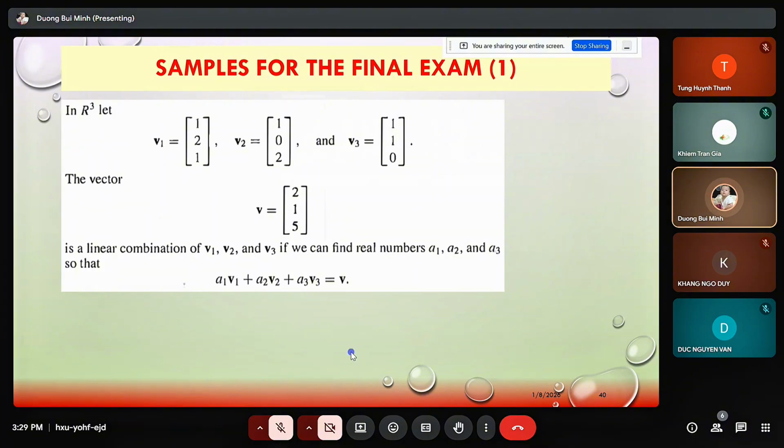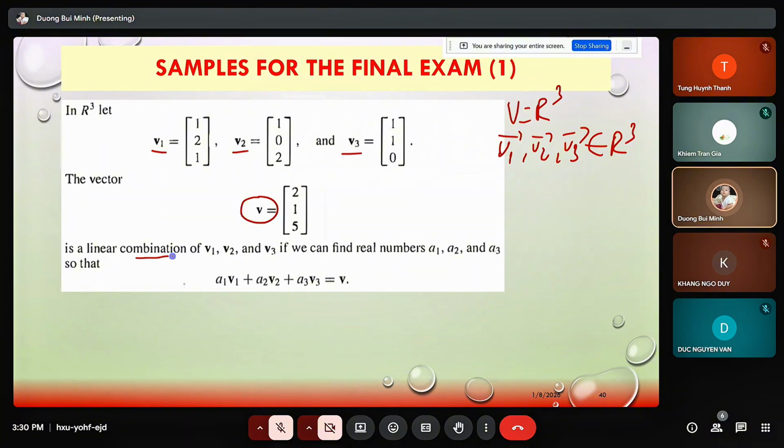Okay. Then, an example for the final exam. I give you the vector space R3. I also give you vector v1, vector v2, vector v3. Of course, vector v1, vector v2, and vector v3 belong to R3. So we have vector v, the linear combination of v1, v2, and v3, if we can find the real numbers a1, a2, and a3, so that blah blah blah.